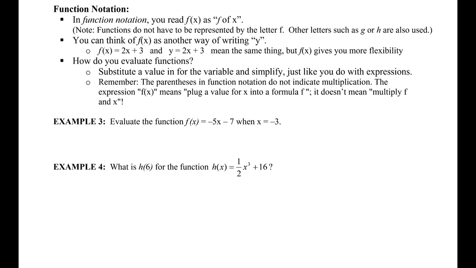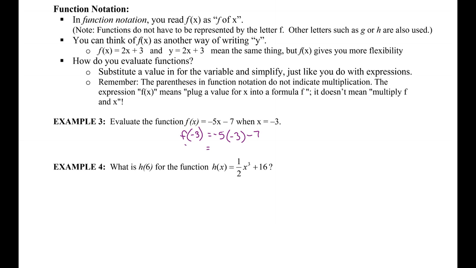So when it tells us to evaluate the function f of x equals -5x minus 7, I'm going to write that this is f of -3 so that I know that -3 is a number I'm plugging into the function, but then I'm only going to plug it in wherever I see the x in -5x minus 7. Then I'm going to simplify and evaluate.